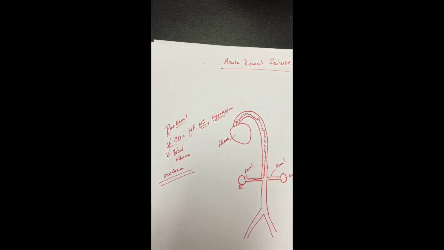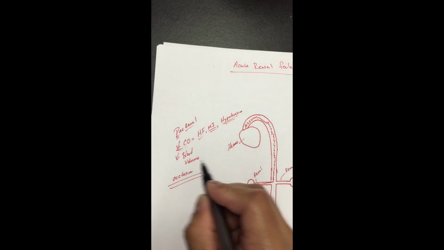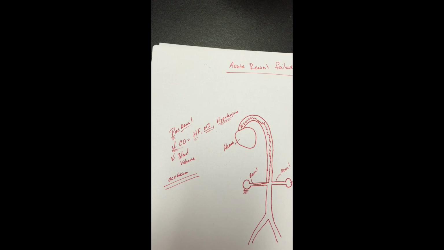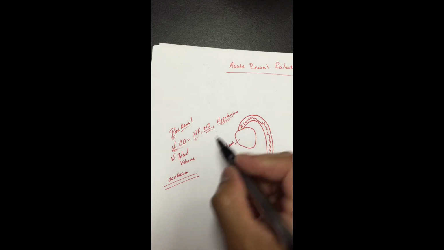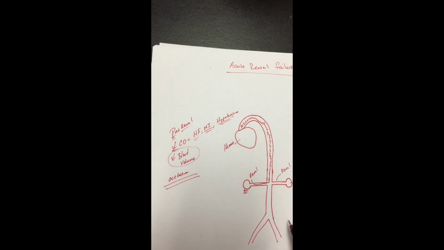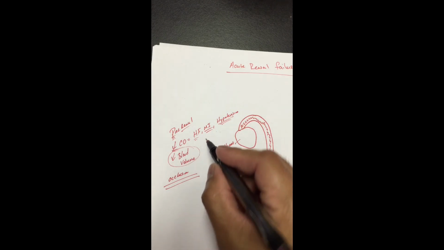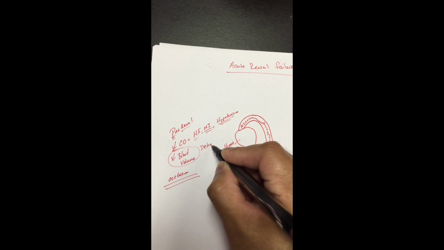Maybe they are extremely hypotensive. An example of this would be, for example, the patient may have had some type of trauma. They're bleeding out large amounts of blood. So we have here decreased blood volume. Another scenario that may cause decreased blood volume may be dehydration.